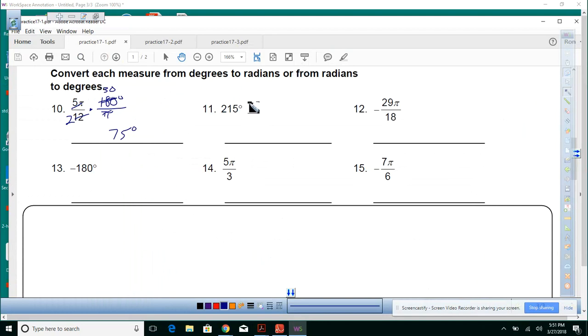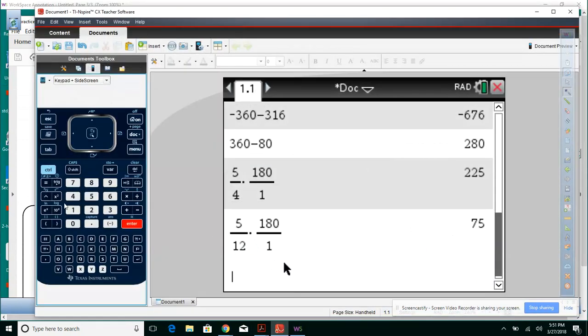Now, this is degrees here, okay? So this time we're going to spin it around. We're going to put pi over 180 degrees, okay? So we go to our calculator. We got 215 times control divide.